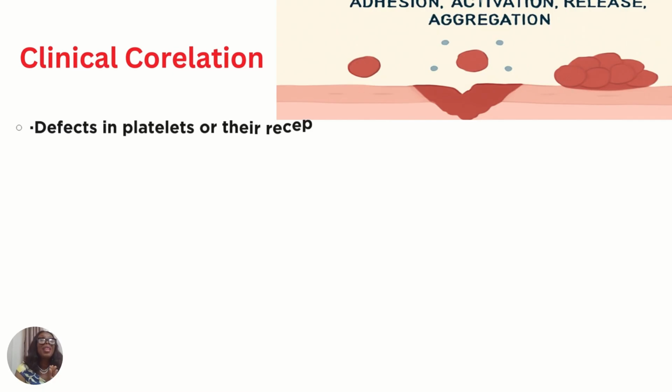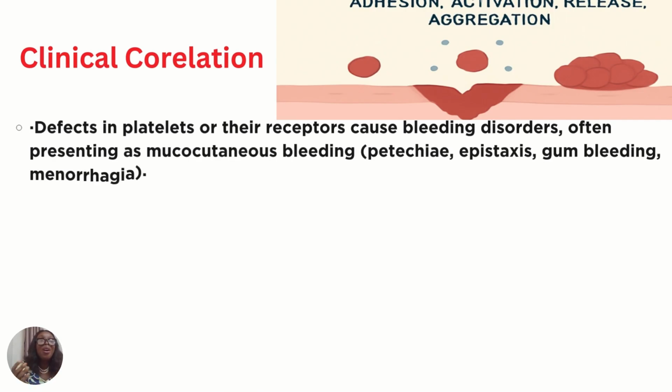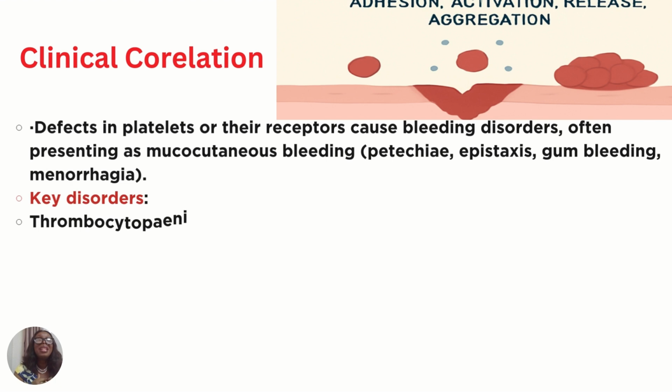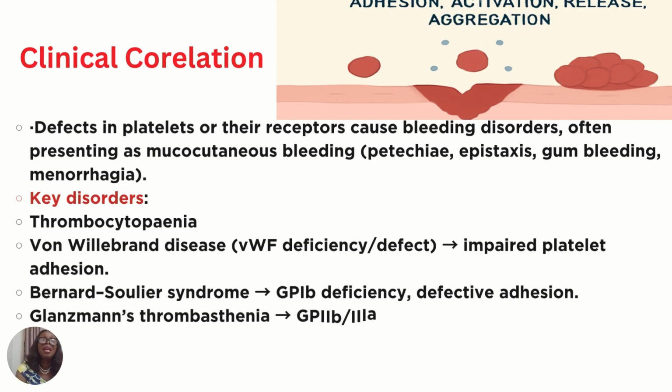In primary hemostasis, if there is any defect in platelets or their receptors, there could be bleeding disorders, which often present as mucocutaneous bleeding like petechiae, epistaxis, gum bleeding, menorrhagia.